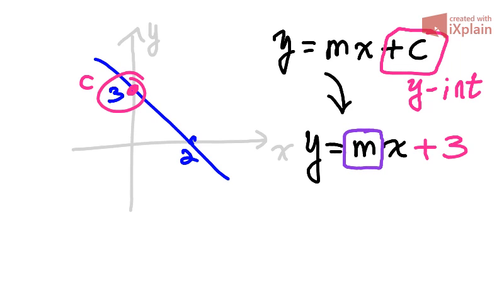That is called the gradient, and we know it's always going to be what we say, the rise over run. So from the y-intercept, the point (0, 3), we have to get to the point (2, 0).